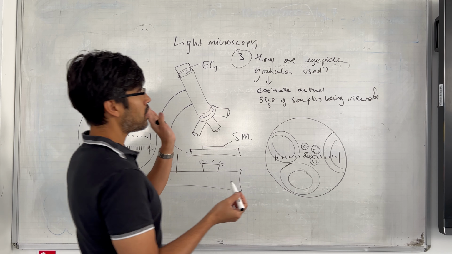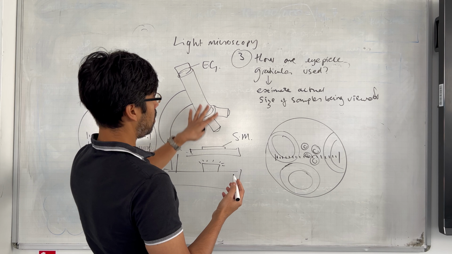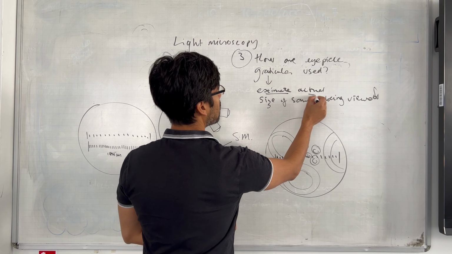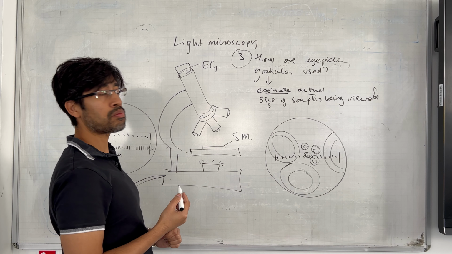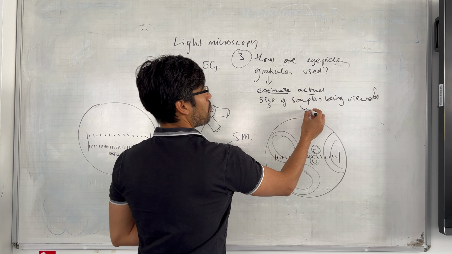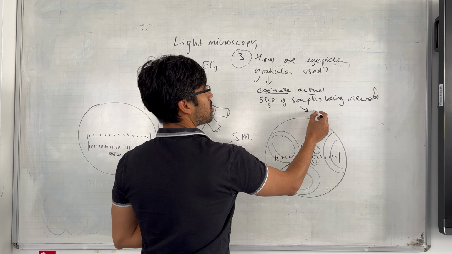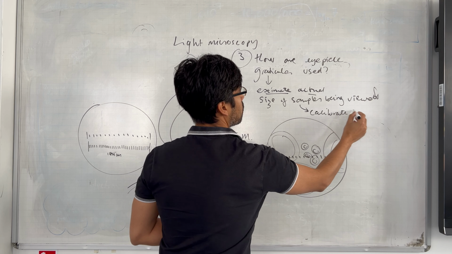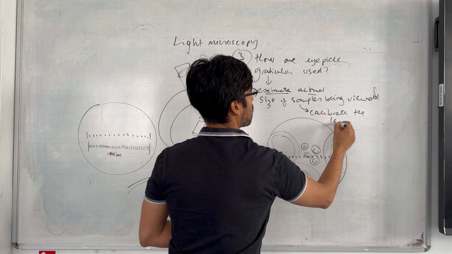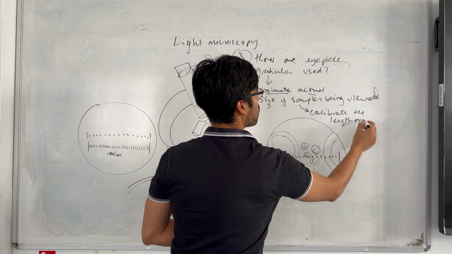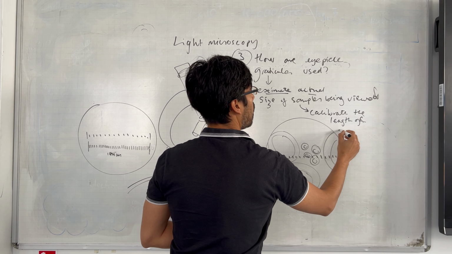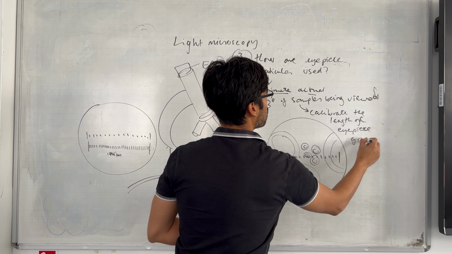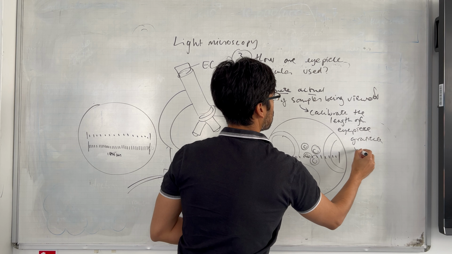Okay, so that's what calibration is, right? Calibration allows us to estimate the actual size of a sample being viewed, by allowing us to calibrate the length of eyepiece graticule divisions.